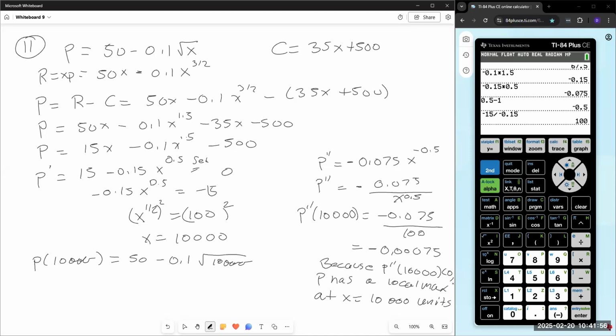And that square root of 10,000 we already know is 100. So that's 50 minus 0.1 times 100. That times 0.1 moves the decimal point one place to the left. So this is 50 minus 10, which is $40 for our price point.